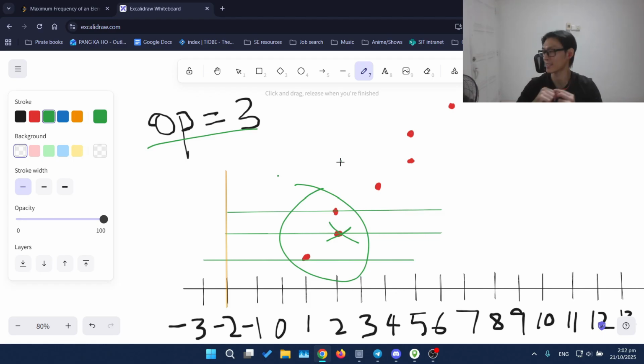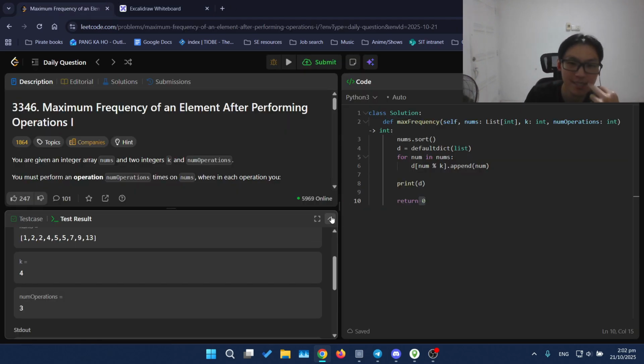This question might be cooked. Holy shit.